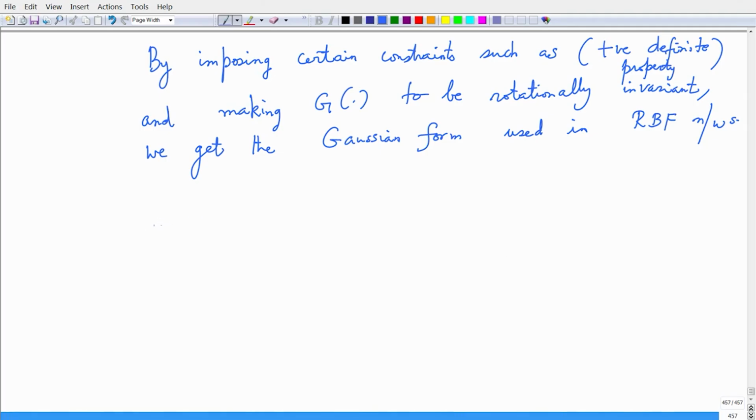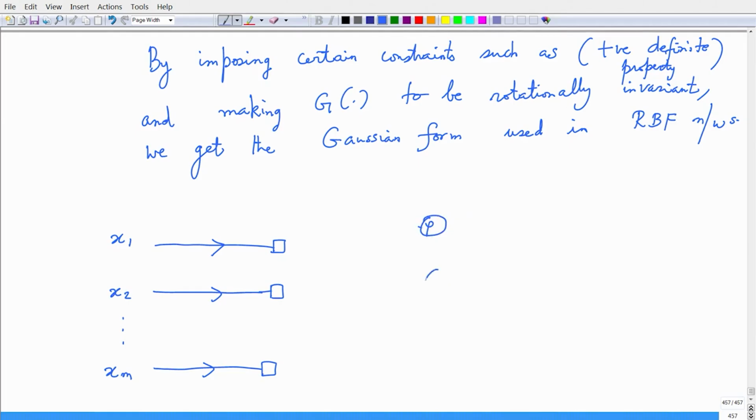So, just to recap and sketch this network, we have x1, x2, and so on till xm. These are my inputs. And from each of these inputs I connect them to the RBF units comprising of these functions phi, which take this Gaussian form, and this network is fully connected.